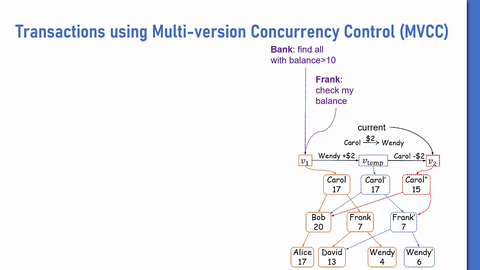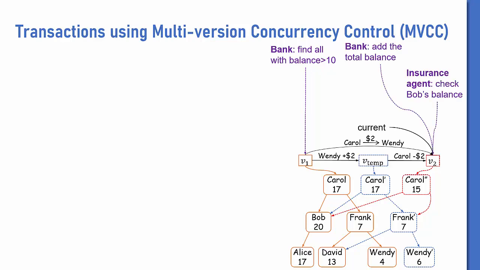To the outside world, it looks like the two operations, the increment of Wendy's balance and the decrement of Carol's balance, become visible atomically. During this process, some working queries may have finished, some may still be working, and again, they work on their own old version without being affected by the updates. The later queries will directly see the current version, which is v2, and they'll be working on v2 all the time.